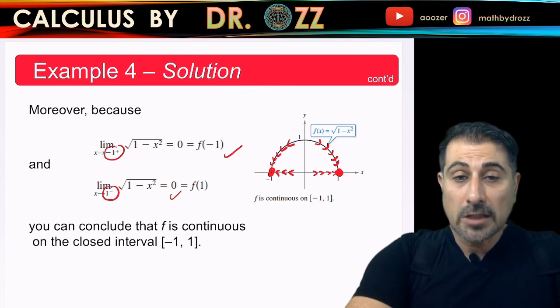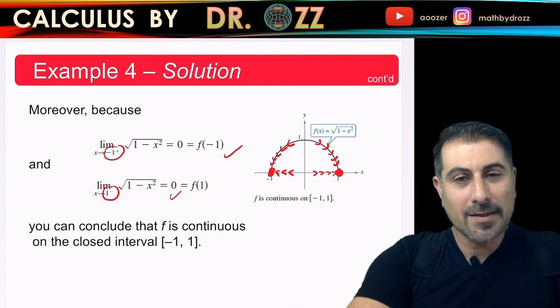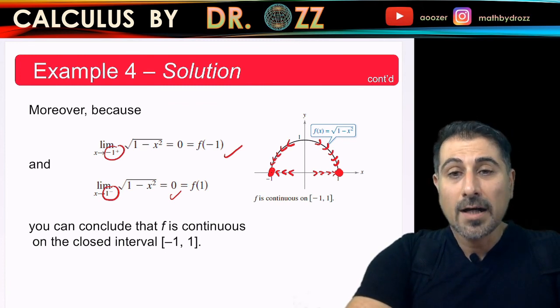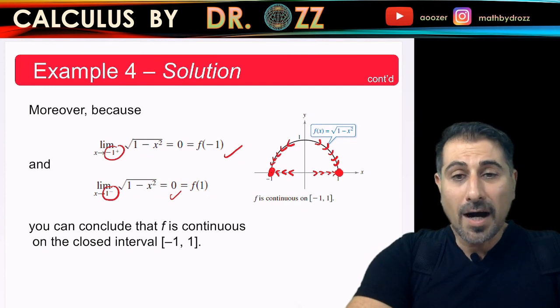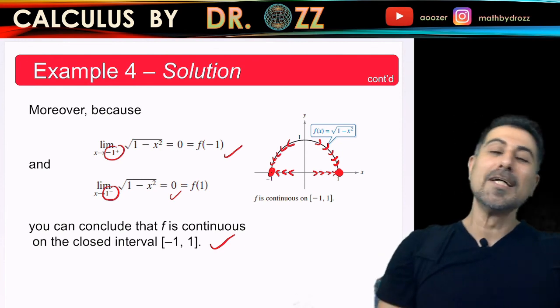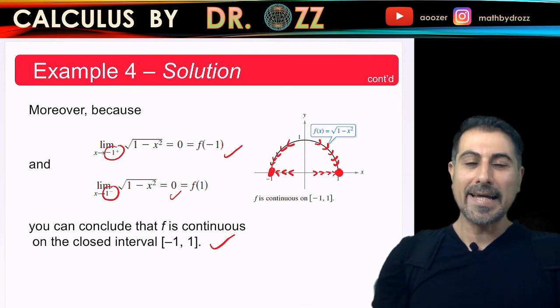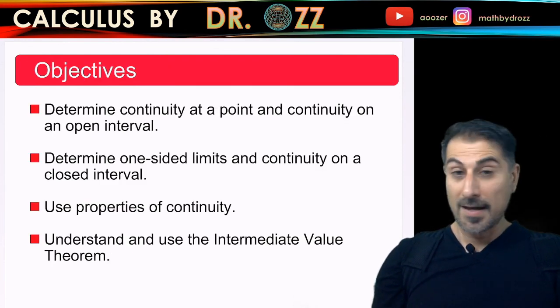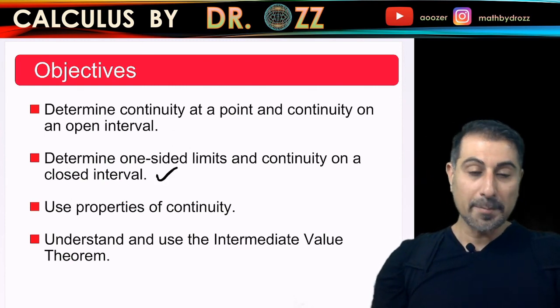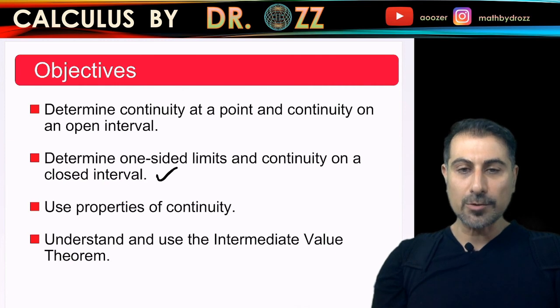So we have continuity on the open interval (-1, 1), the one-sided limits exist, and therefore we have continuity at the endpoints. The conclusion here is that f is continuous on the closed interval [-1, 1]. With this example, we've finished the discussion about one-sided limits and continuity on a closed interval.